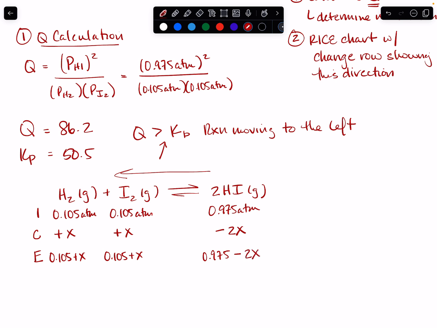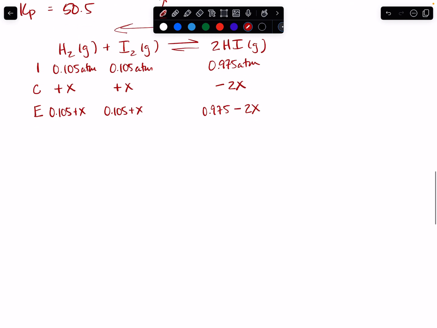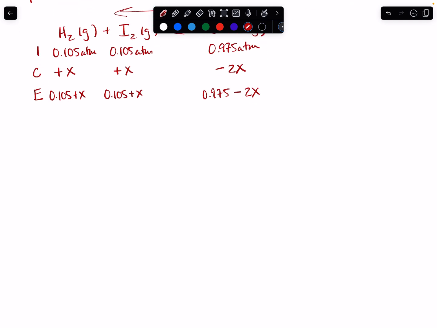Okay. All right, so where am I going to put this? I'm going to leave myself a little bit of room up there. I think I'll do it down here. All right, so Kp is going to be equal to the partial pressure of HI squared divided by the partial pressure of H2 and the partial pressure of I2. All right, we know that Kp is 50.5.